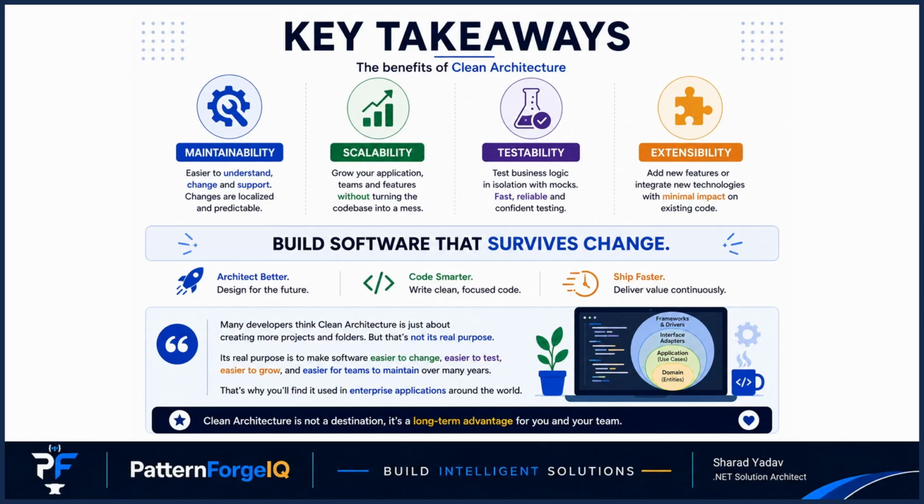Testability means our business logic can be verified independently of the database, web servers, and other external dependencies, giving us fast and reliable feedback. Extensibility means we can introduce new functionality by adding new implementations instead of repeatedly modifying stable working code. Together, these four characteristics make our application more robust, easier to evolve, and better suited for real world enterprise development.